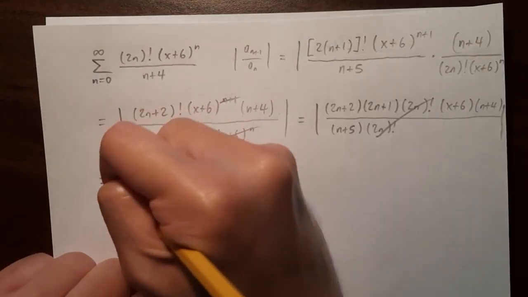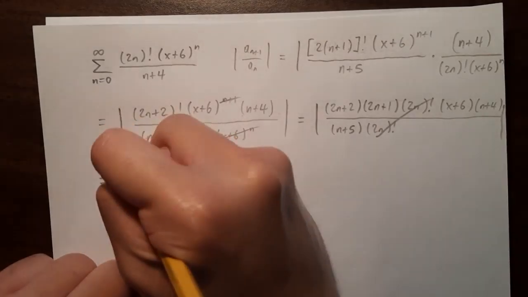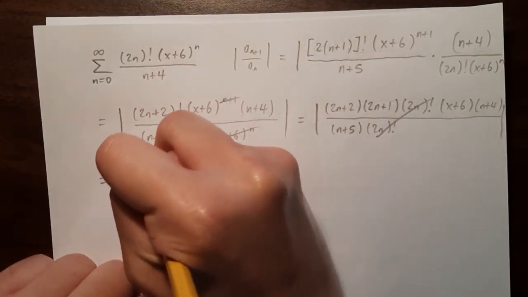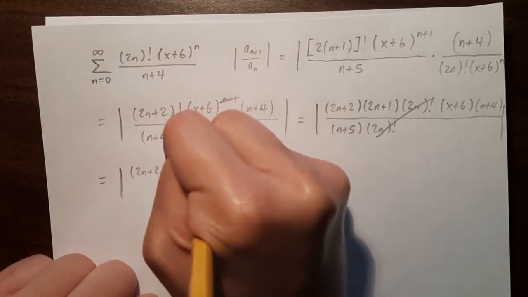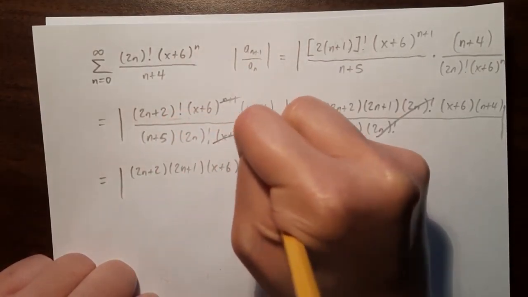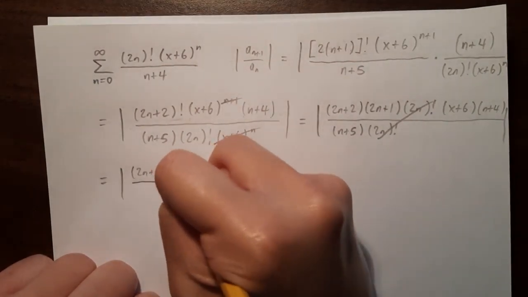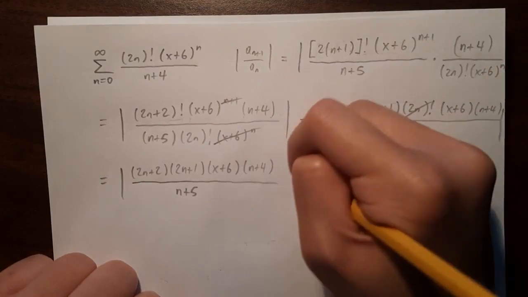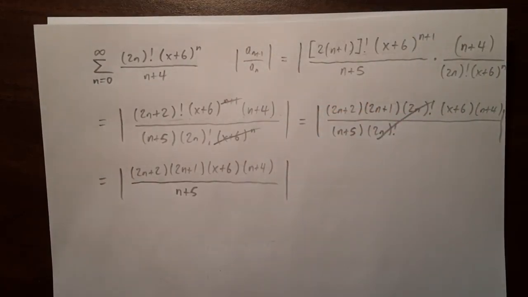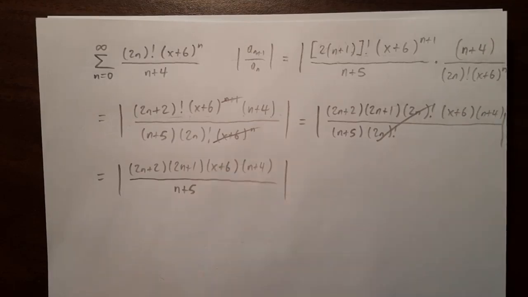And so I'm left with absolute value of 2n plus 2 times 2n plus 1 times x plus 6 times another n factor awkwardly over on that side. And on bottom, we just have n plus 5. All right, well, all the factors are positive except possibly the x plus 6 factor.